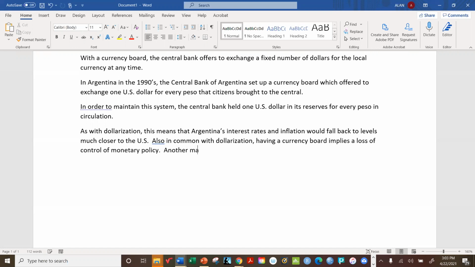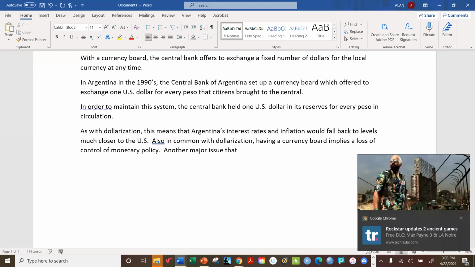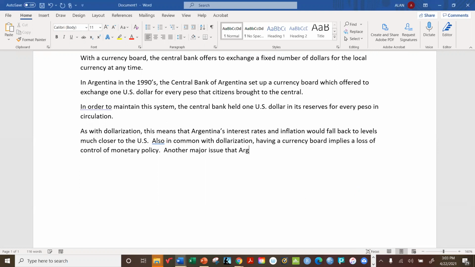And another major issue that Argentina ran into was that the dollar was extremely strong in the 90s.